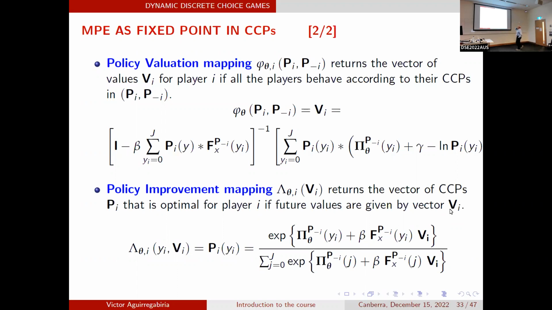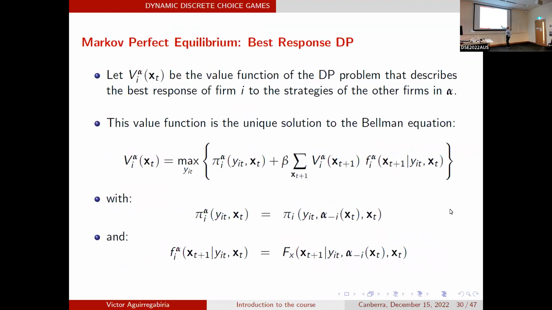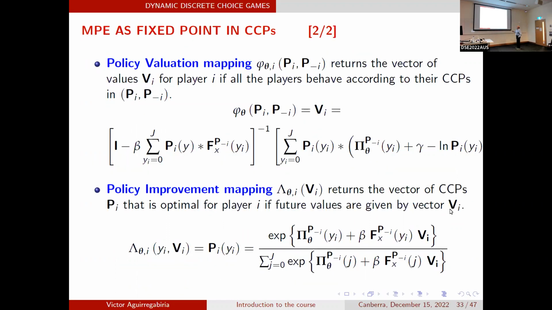Now these transition probabilities depend on the actions of the other players. These F matrices are just matrix versions of these. But also my own vector of payoffs depends on the choice probabilities of the other players.